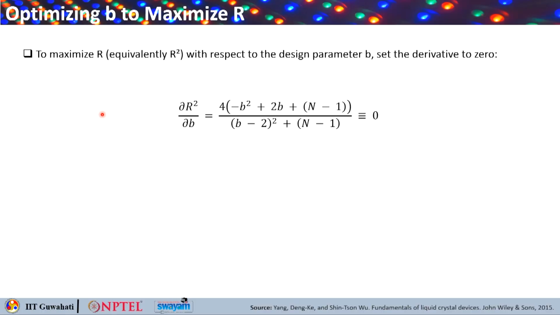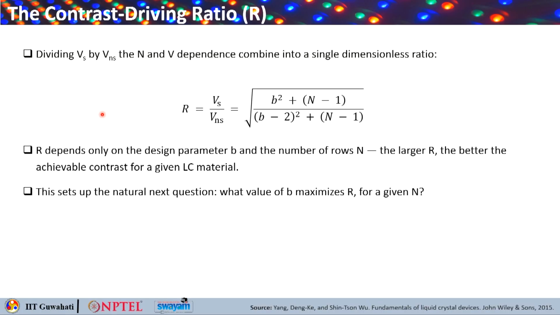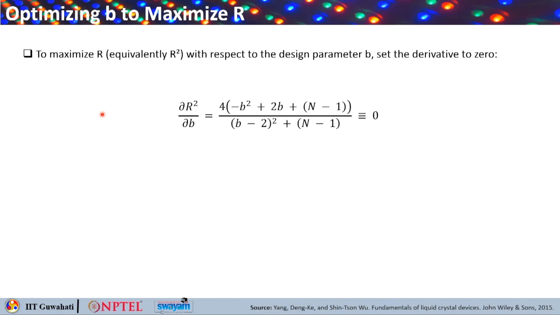Because R is the square root of this term, you can go for maximizing R, or equivalently R square. When you take R square, the square root term on the right hand side will disappear.